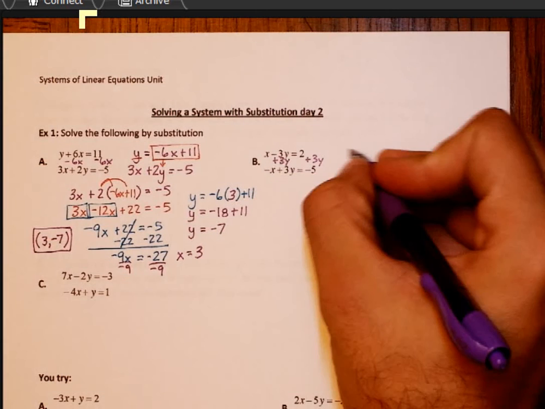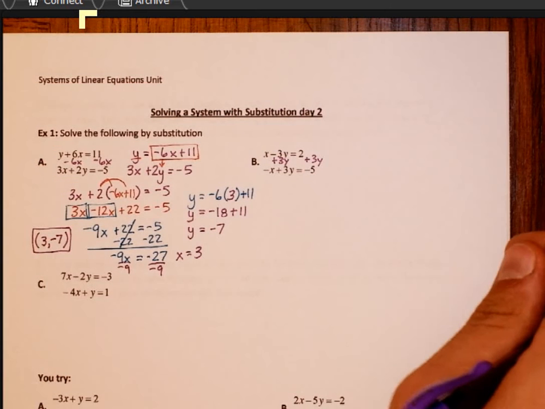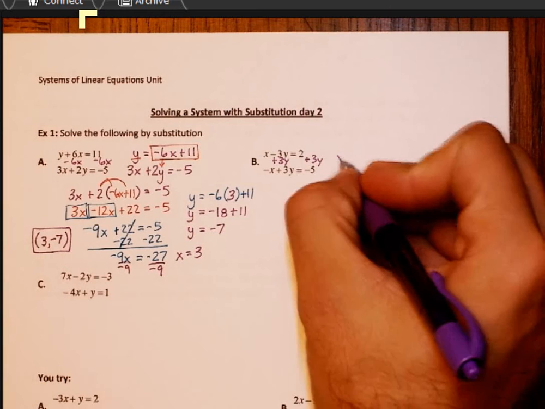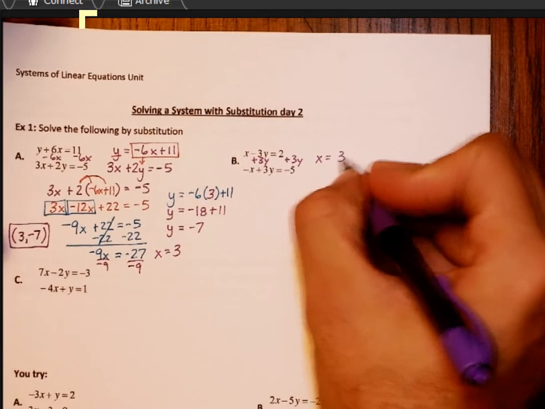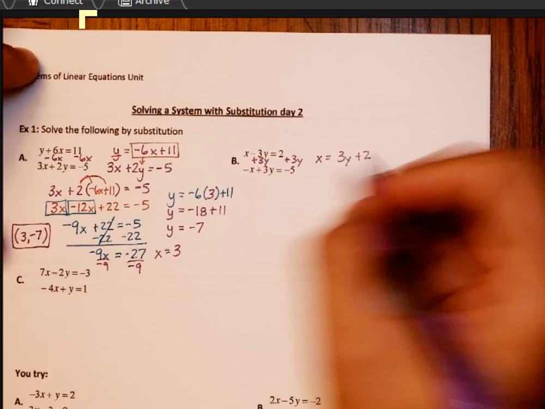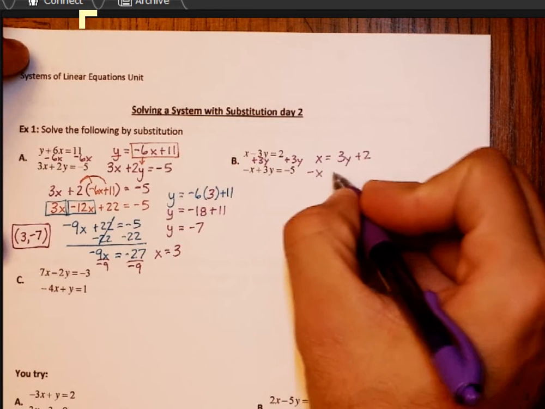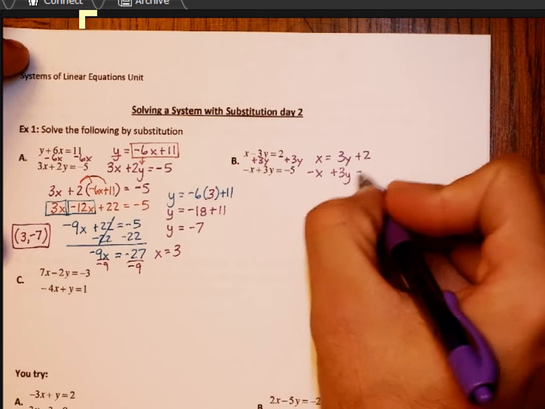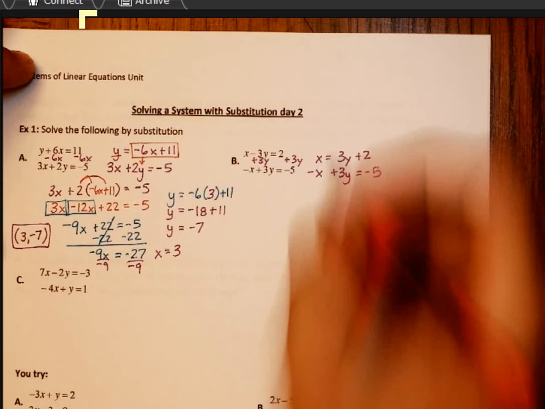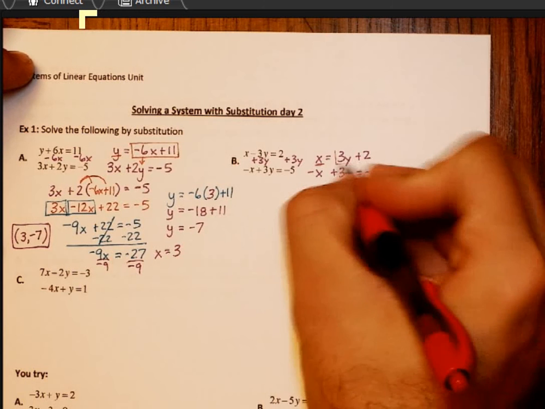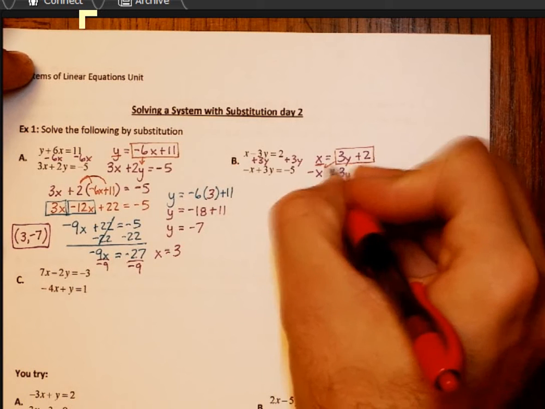So if I rewrite this, I get x equals 3y plus 2, and in my bottom equation I have negative x plus 3y equals negative 5. So now that x is by itself, I'm going to substitute this in for the x in the bottom equation.